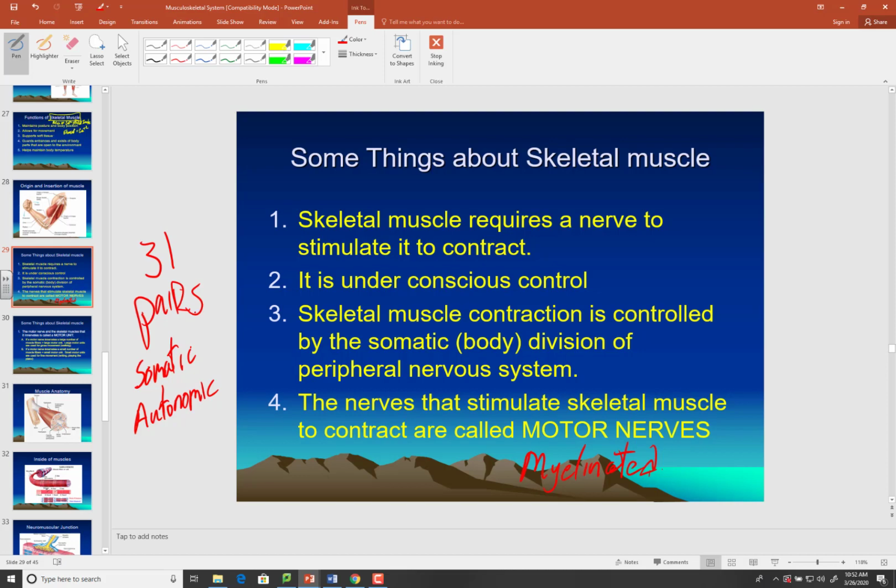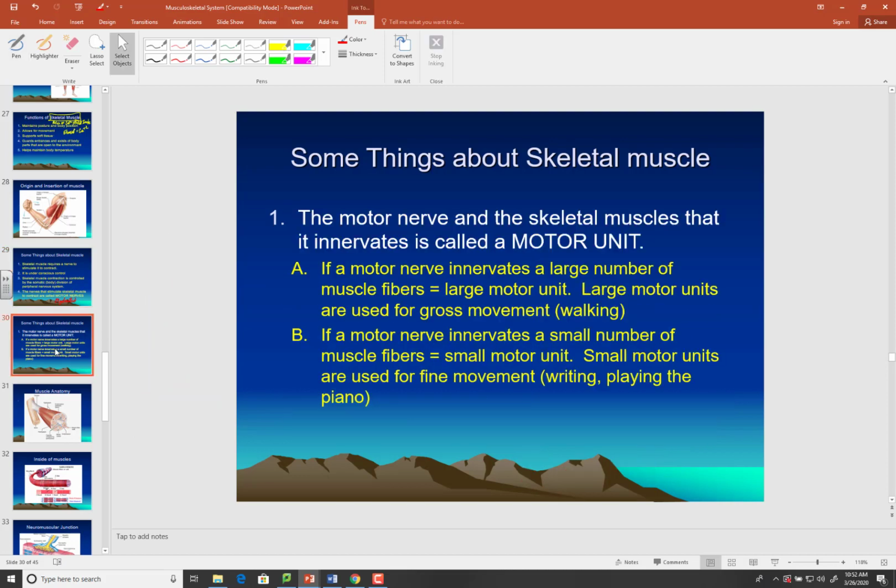So those are important concepts. Now, the concept of a motor unit, right? A motor unit is the motor nerve and the muscle fibers it innervates. So you have large motor units. One nerve innervates a lot of muscle, and that's involved in gross movement, right? Walking. If you saw me dancing, that would be gross movement.